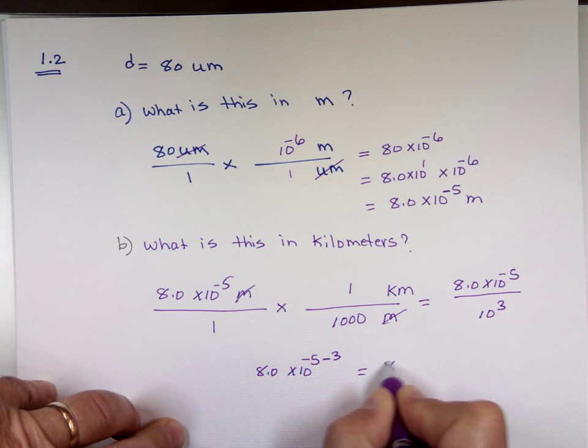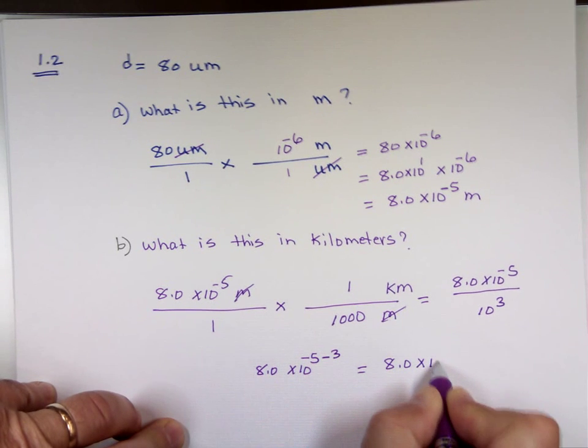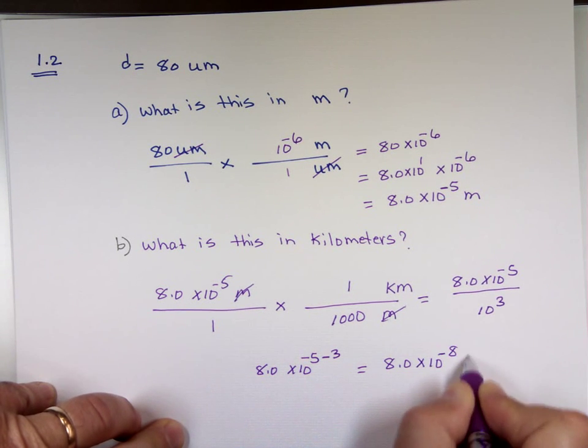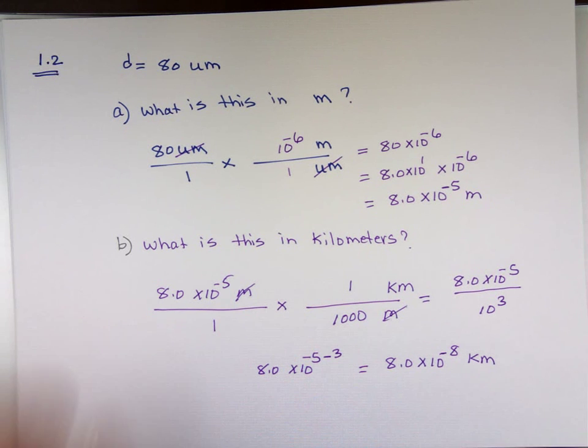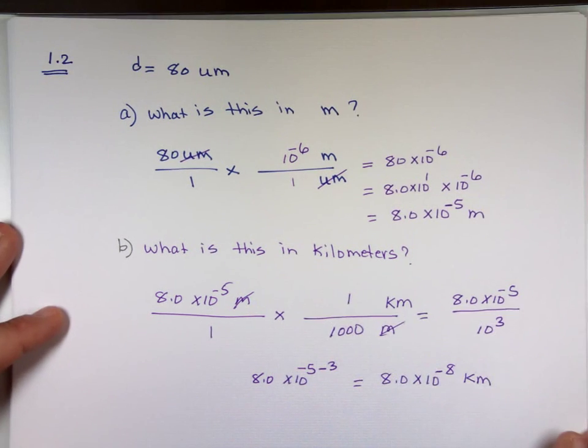So that's 8.0 times 10 to the negative 8 kilometers. That's question 1.2. Again, I'll do 1.5, so it will be in the notes.